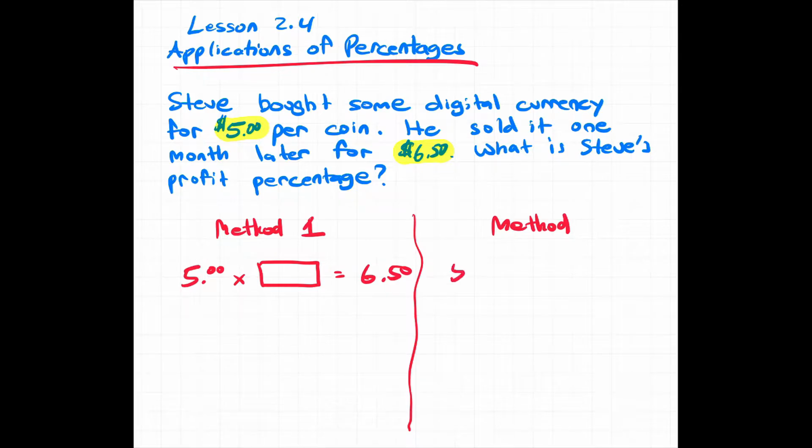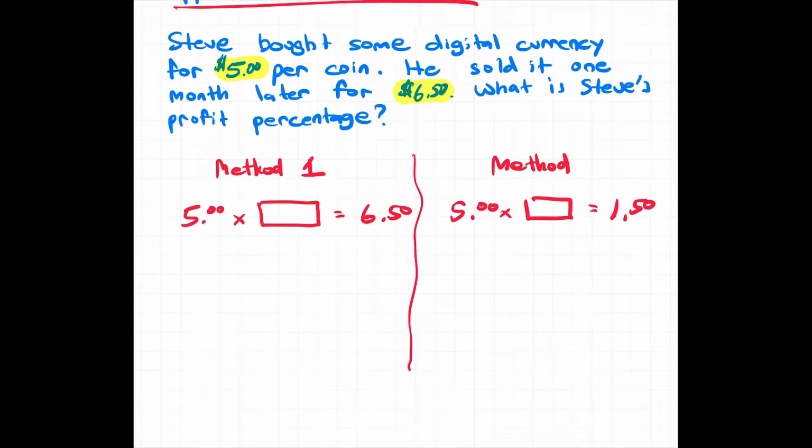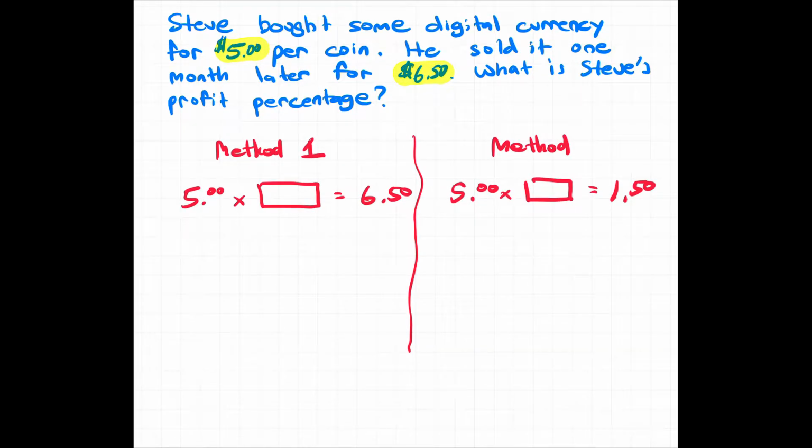We'd still start off with $5, and we're going to multiply it by some percentage, but it's going to equal the profit. So we can see that his profit would be $6.50 minus his original, which was $5, so his profit was $1.50.